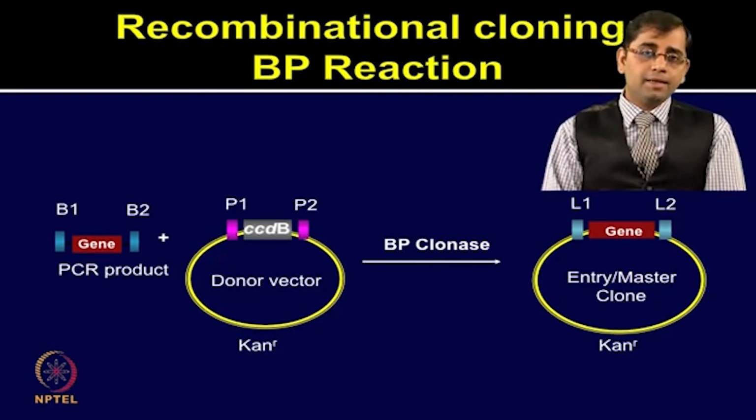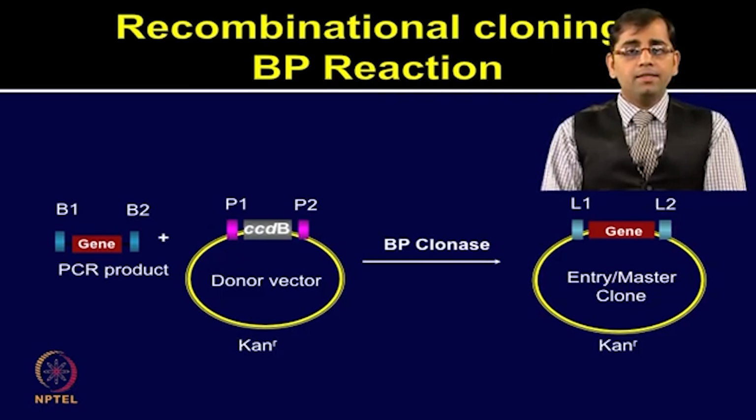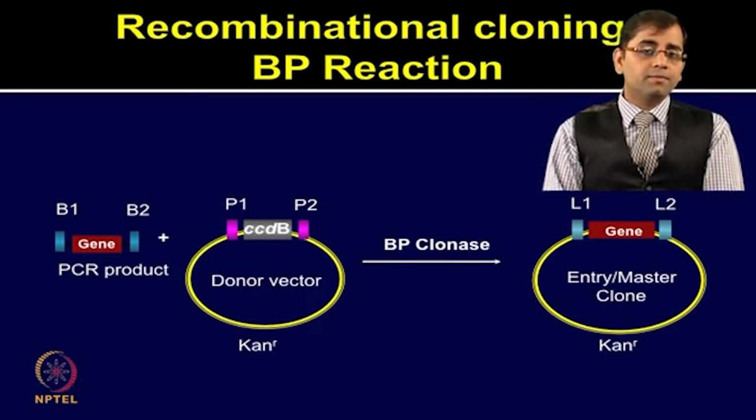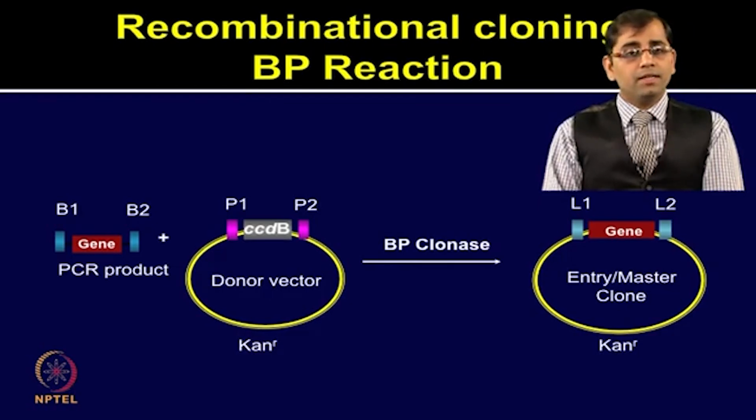contains att P sites flanking a ccdB gene or a counter selectable gene that recombines with a gene of interest which is flanked by att B sites, which you can see on the left hand side. The gene fragment can be produced from the PCR product and contains att B sites, and you have a donor vector which contains a selectable marker, kanamycin resistance marker, that contains att P sites.